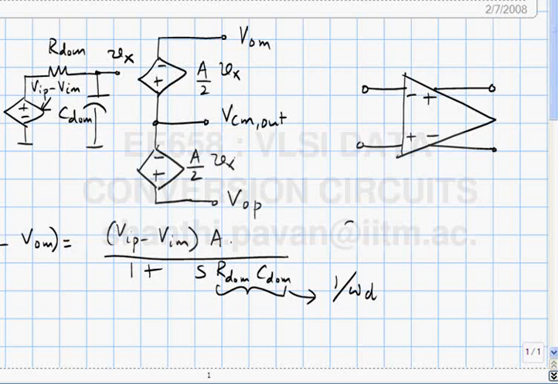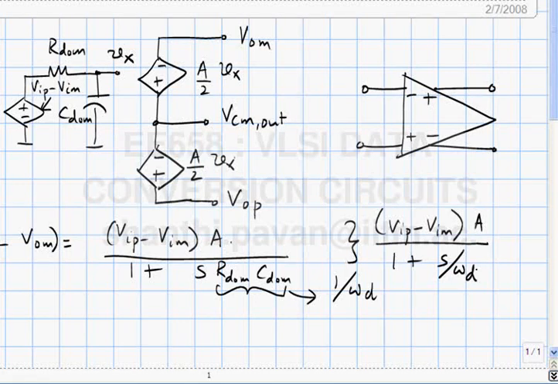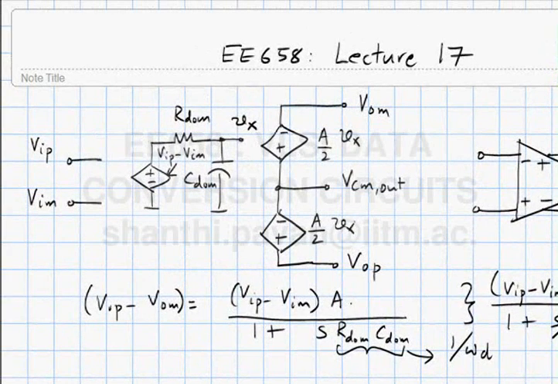And this is very similar to the same form that you're used to from earlier classes, which is VIP minus VIM times A divided by 1 plus S by omega D. And A times omega D represents the gain bandwidth product of the operational amplifier, assumed to be a single pole system. For the purposes of this course, this model is adequate.